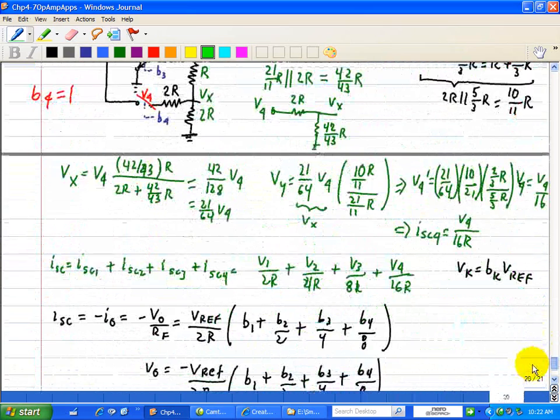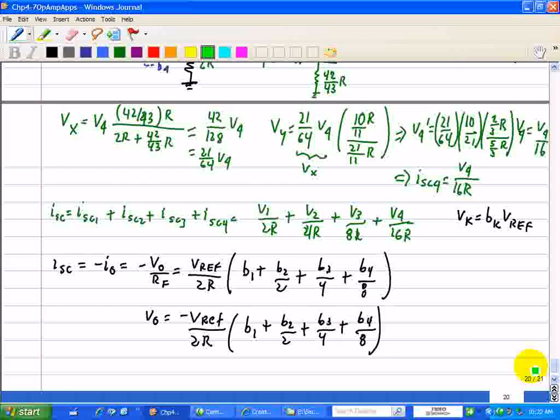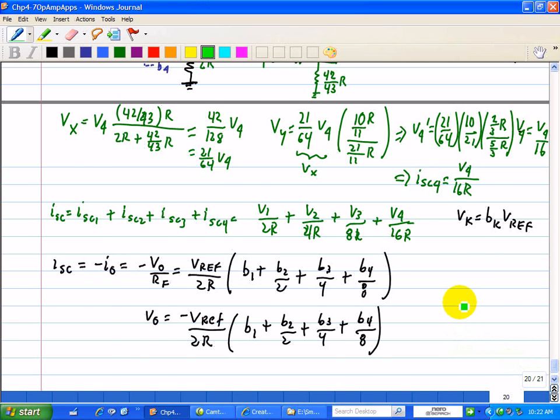Hopefully that wasn't too painful, but that's the analysis, and that's a good review of using superposition. Again, the R-2R network is used in place of the binary weighted because there's only two values of resistors, R and 2R, which simplifies the fabrication and hence the cost.